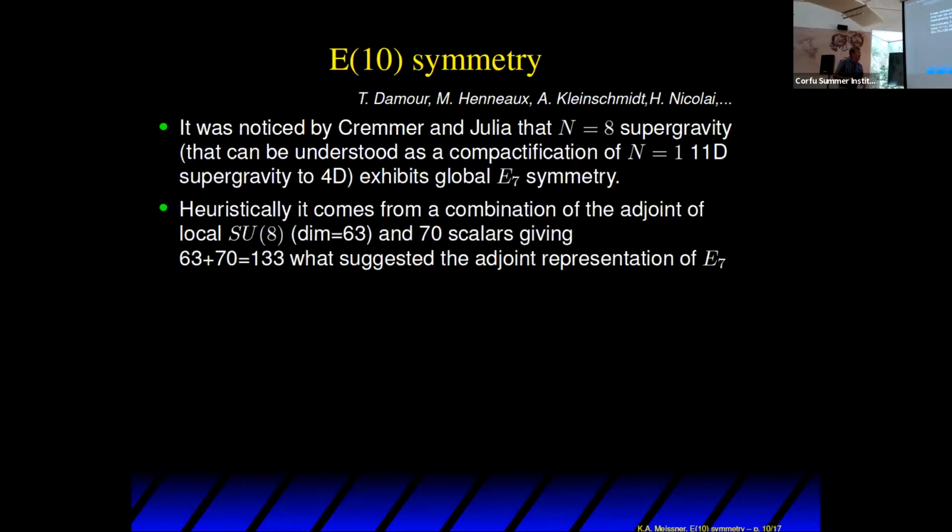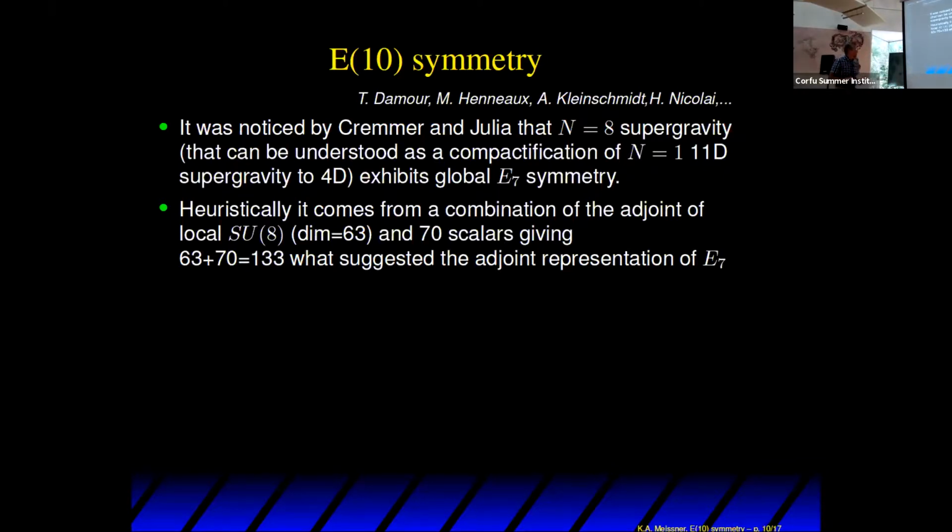They noticed that the local SU8, which has 63 in the adjoint representation, when we add 70 scalars, gives 133, which is the adjoint representation of E7. And they actually realized this E7 as a global symmetry of n equals 8 supergravity. So that was a huge surprise, that the symmetry is much bigger than just follows from naive rotation of supergravity charges.